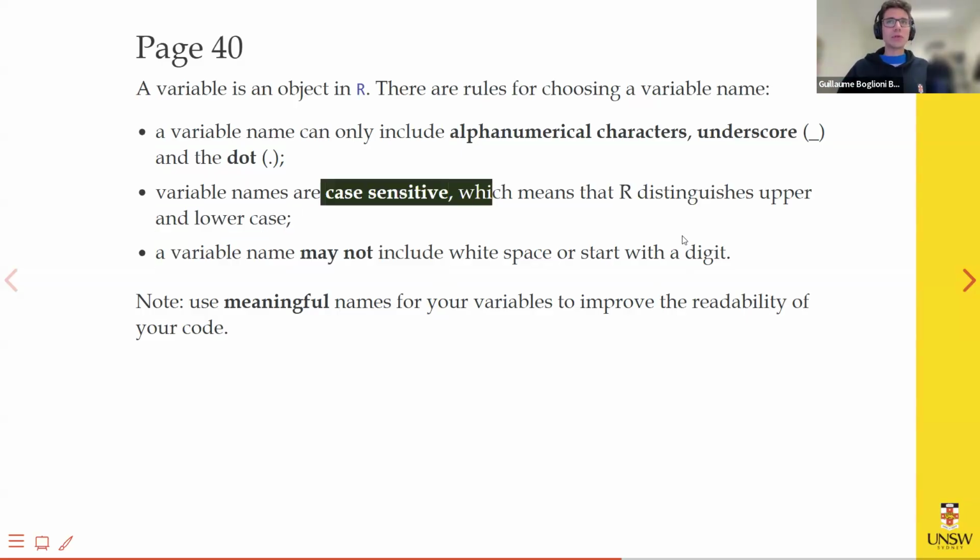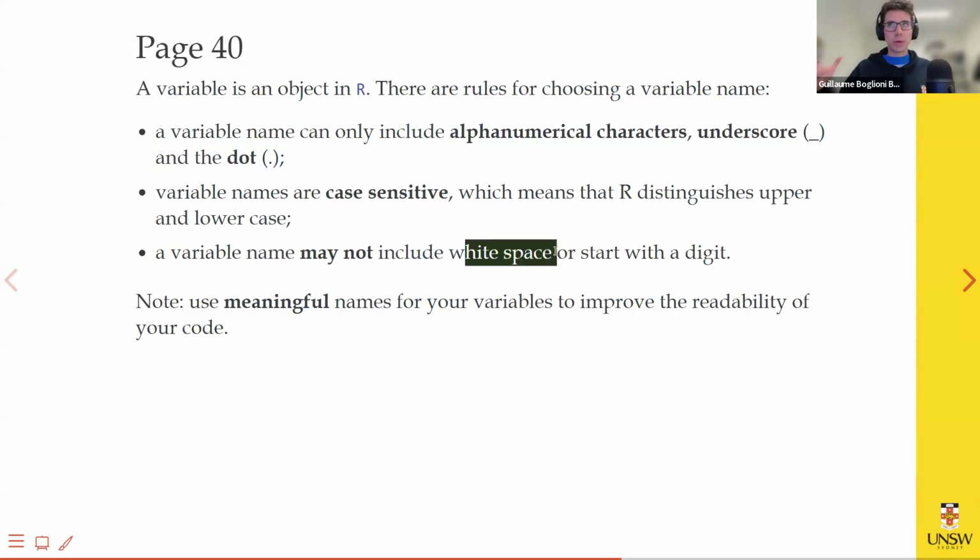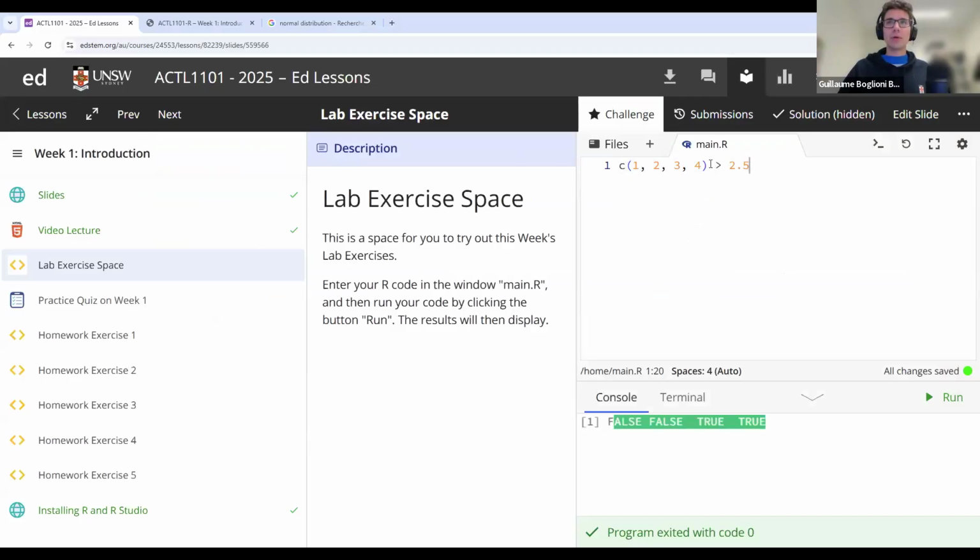Case sensitive. So yes, R distinguishes between upper and lower case. A variable may not include a white space. So a name cannot contain a space, and it cannot start with a digit. Just to make clear, if I want to declare a vector, I can call it x. I can call it x2.